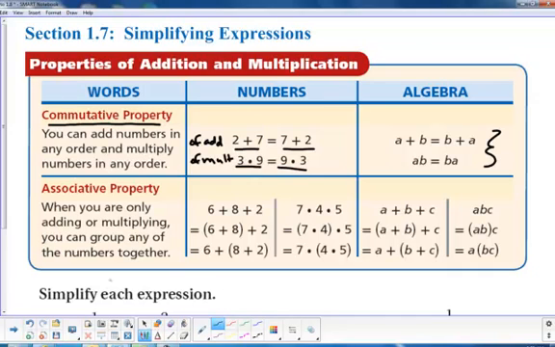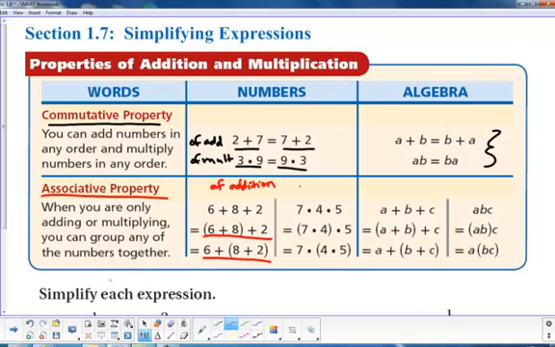Same exact thing with letters. There's another important property which is called associative. And you're definitely going to want to get these properties down. When you associate, you group things in parentheses. So if we grouped the 6 plus 8 together in the beginning, that's the same exact thing as picking up the parentheses and moving them and grouping the 8 plus 2 in the back. So this is associative of addition.